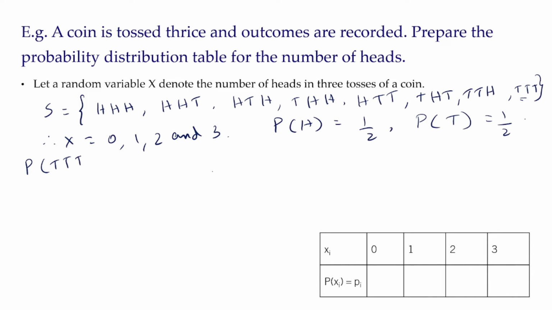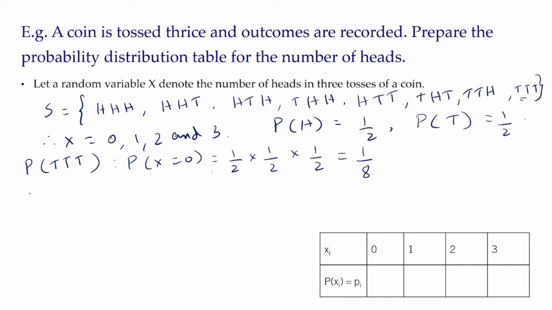This is possible when all 3 are tails. Using the multiplication rule of probability, it is equal to half into half into half, which is 1 by 8.